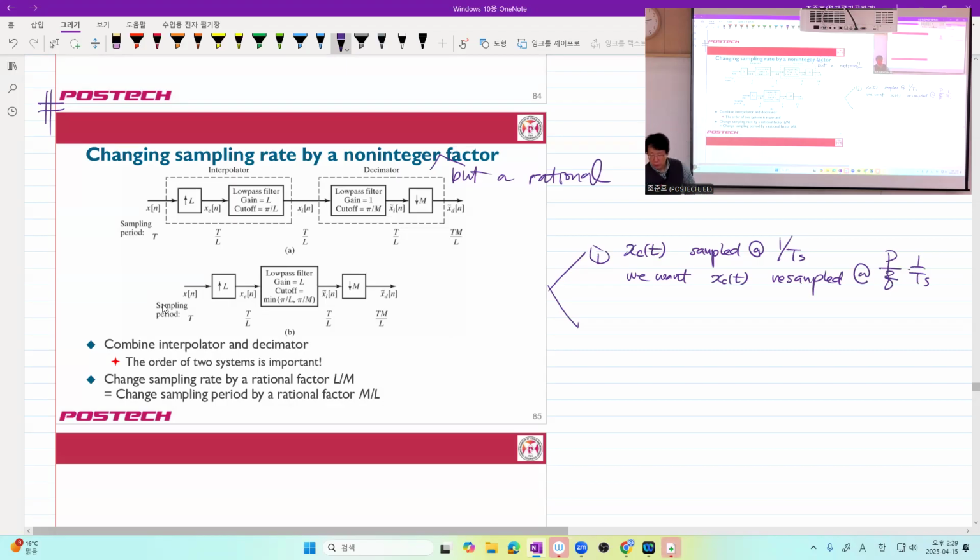Got it? As I told you, it shouldn't be the square root of 2 or 3, something like that. It should be 1/2, 2/3, 7/8, something like that.